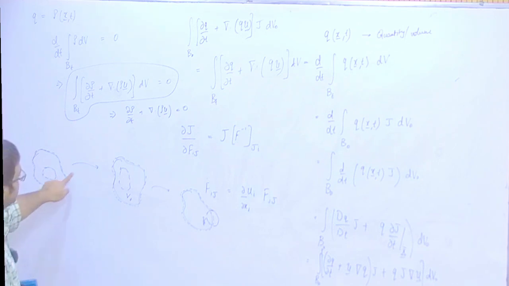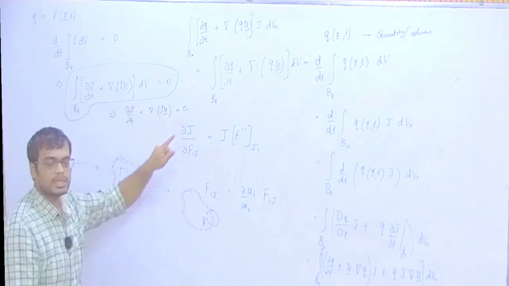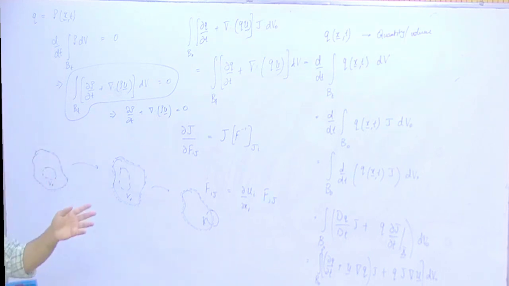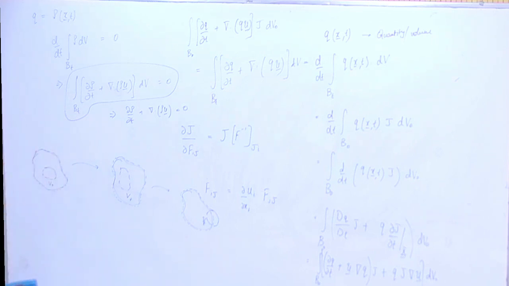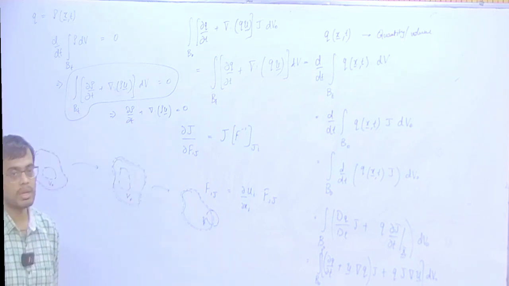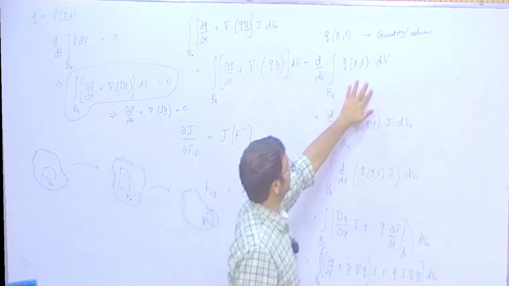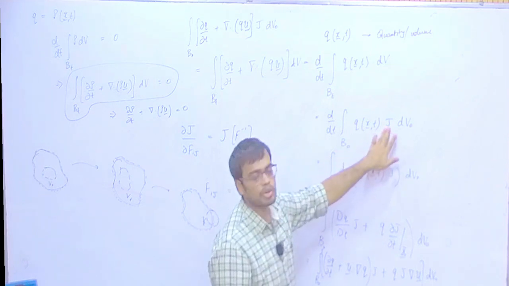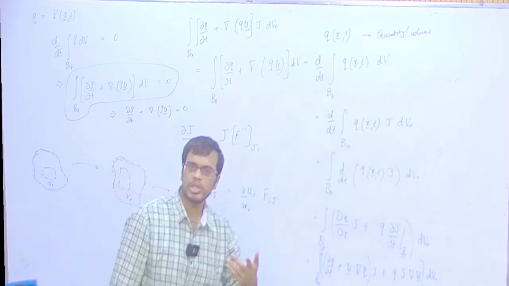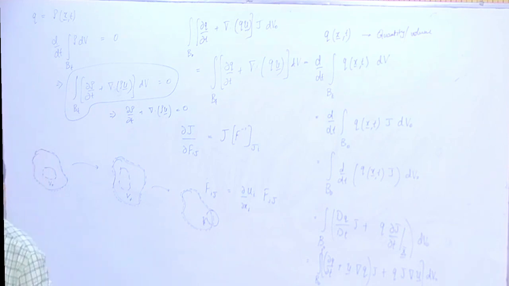So you can derive this version of the Reynolds transport theorem for an arbitrarily deforming control volume as well. Give it a try in the first problem of the second practice sheet, following the same procedure that we have done. You write it like this, instead of BT it is VT, and this Jacobian is not the Jacobian of deformation of the actual fluid, it is the Jacobian of deformation of your control volume.